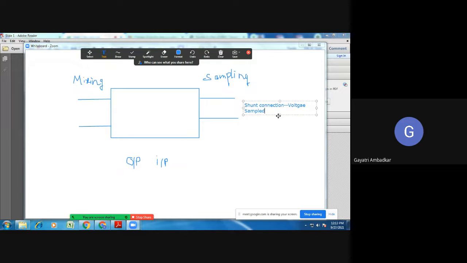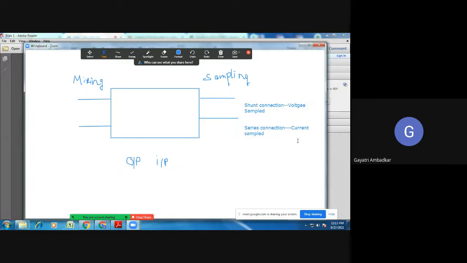And if it's a series connection, if you find that the beta network which we are about to connect here has a series connection, it means current is sampled.